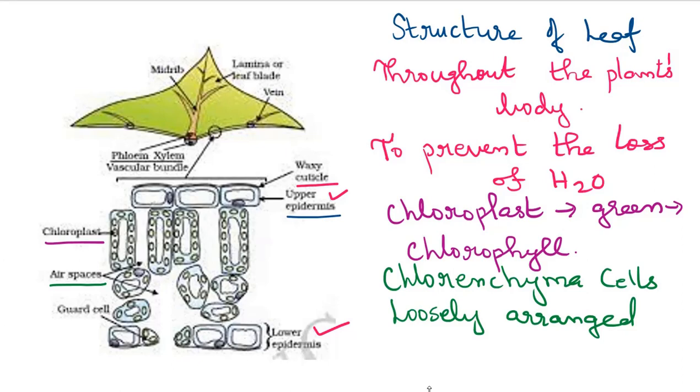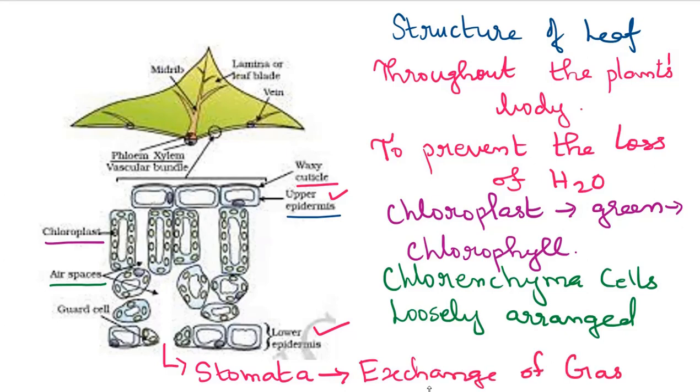But the lower epidermis is not a continuous layer, because there is a small opening seen in the lower epidermis called stomata. This stomata mainly performs the function of exchange of gases. Carbon dioxide, oxygen, or water will be lost in the form of vapor.